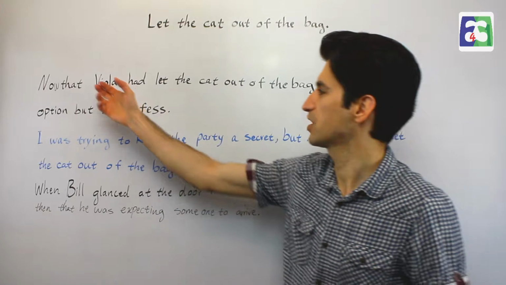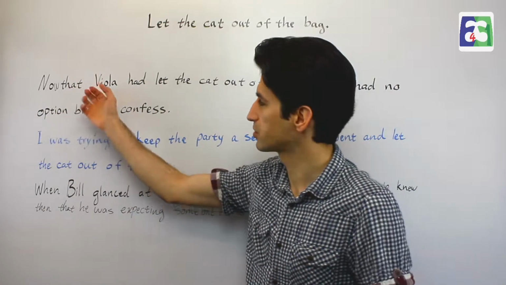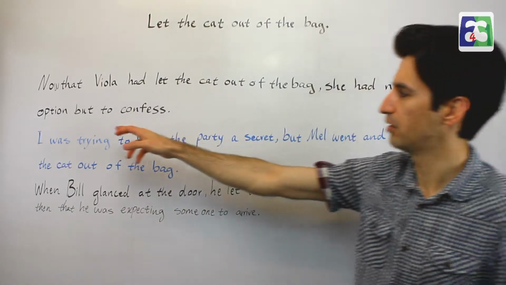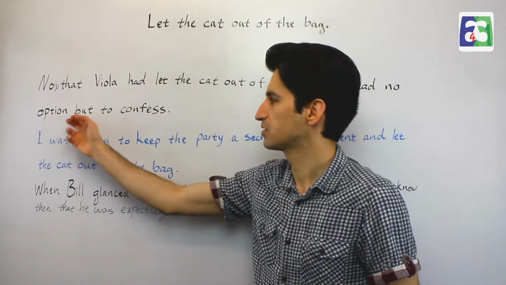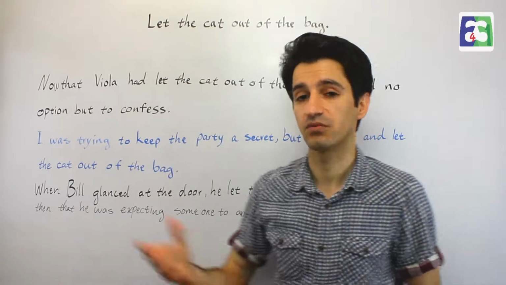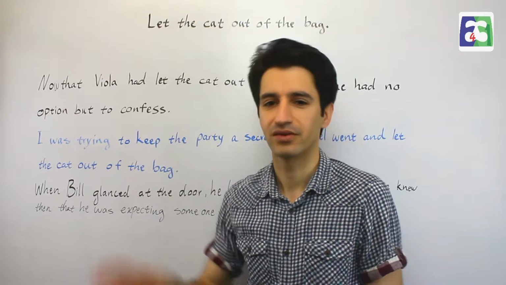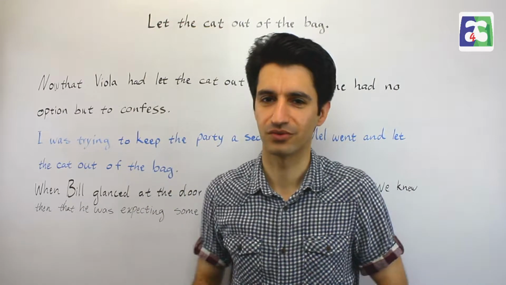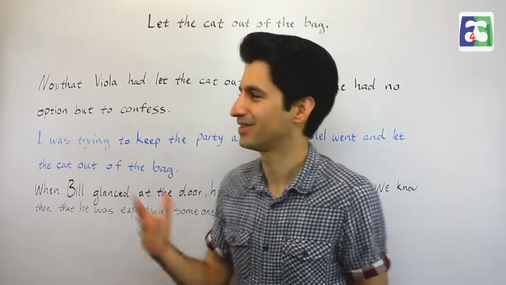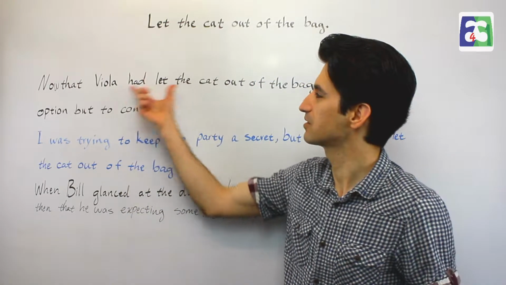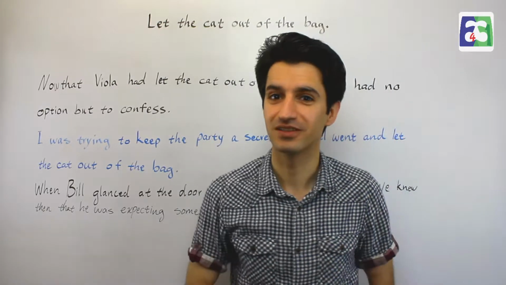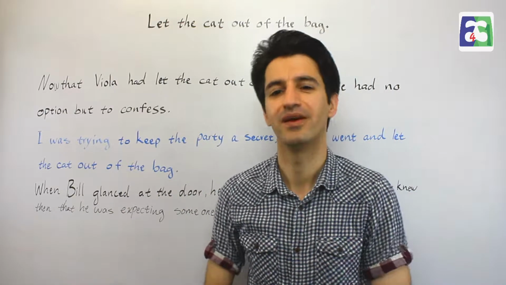Now that others also know what has happened, she had just one option: to explain, to confess, to say what happened, and say, okay, I was guilty, it was my fault, or it was us, we did this. There's no option because the person has let the cat out of the bag, meaning has revealed it, has told everyone about it.